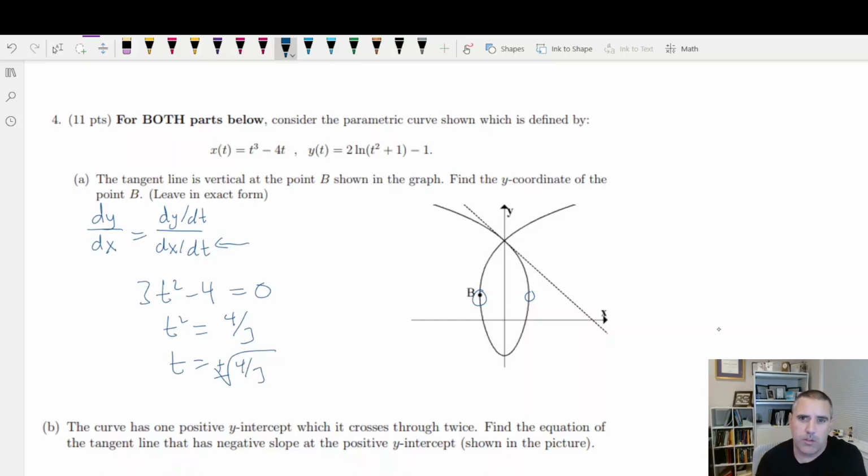They want the y-coordinate of this point. Let's see, I'd have to think a little bit about which one of these gives me a negative x, because that one's going to have a negative x, that one's going to have a positive x. I would probably write this as 2 over the square root of 3, plus or minus, and then I would plug this in.